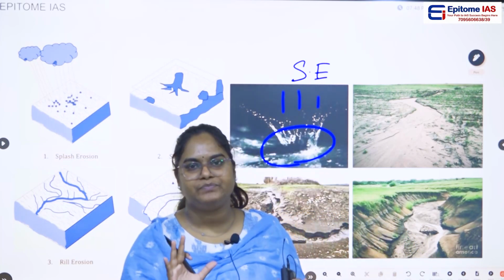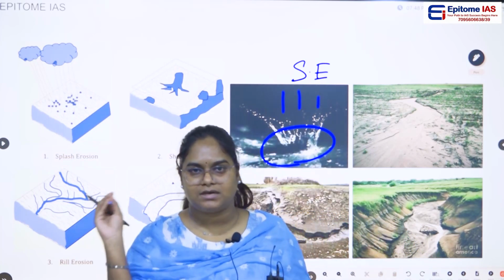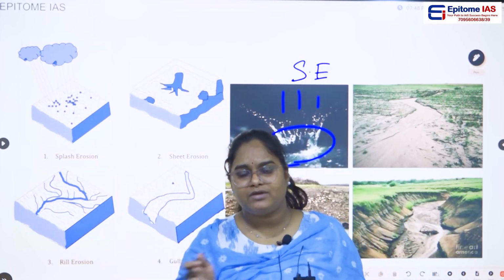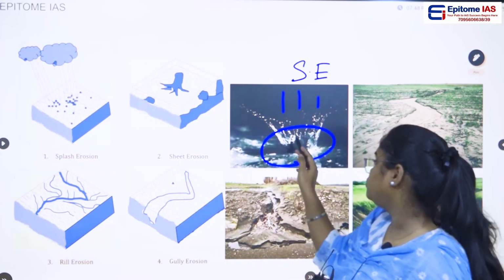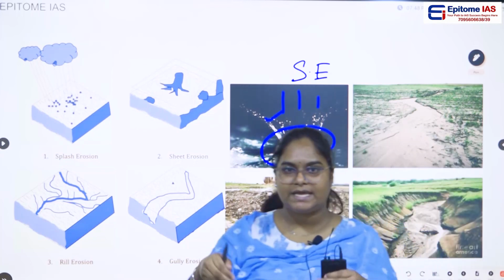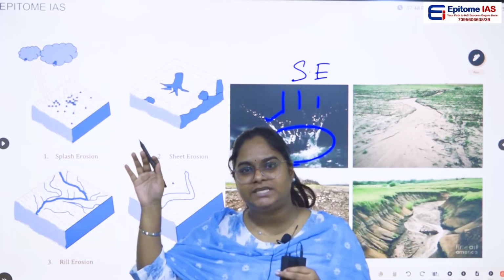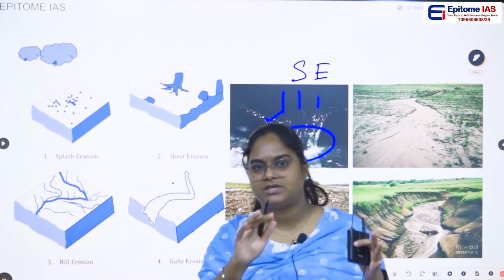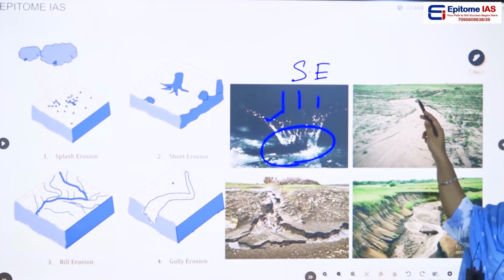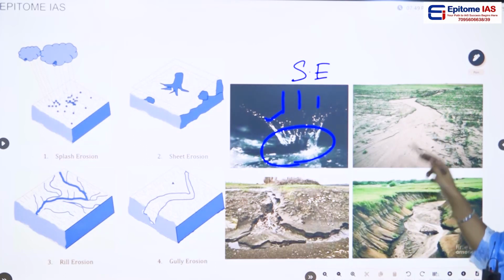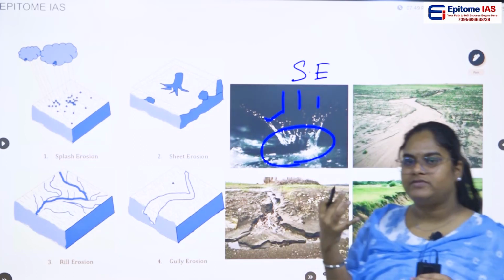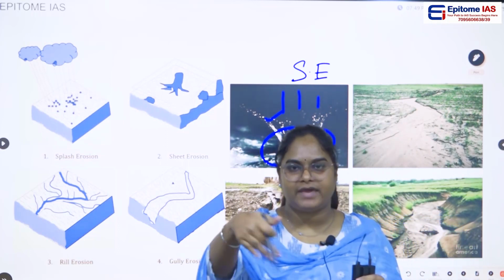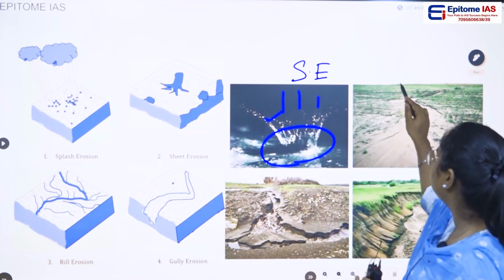So in this particular sheet erosion, the top layer of the soil, which was taken away due to the splash erosion, now this sheet erosion is going to carry all these top layers in the stream itself. If you see the picture here, it is carrying those top layers of the soil along with the stream, and it will deposit them. So this is sheet erosion.